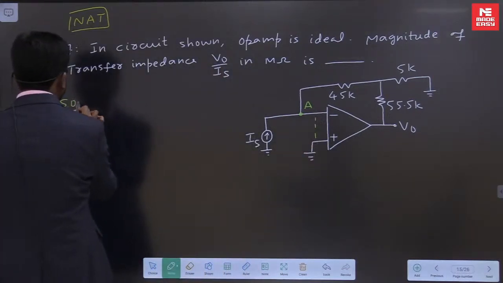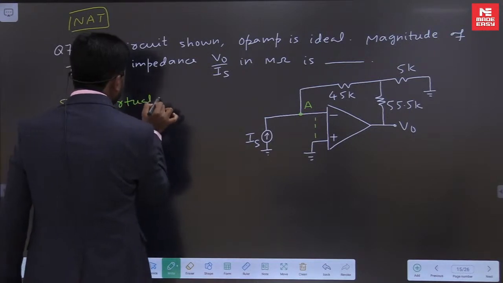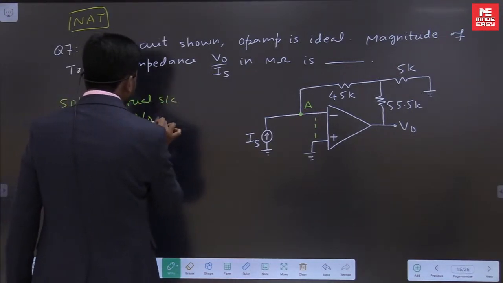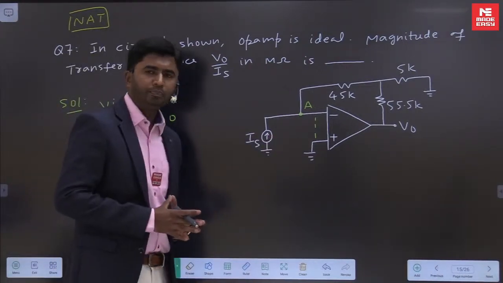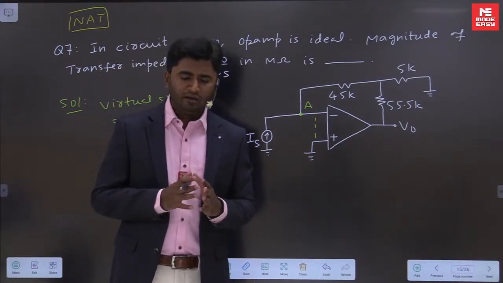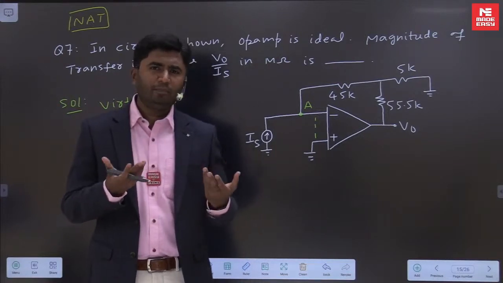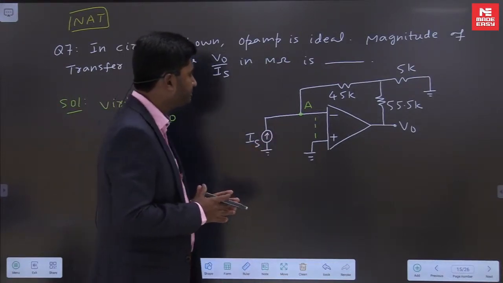If I apply virtual short circuit, then VA equal to 0. Node A is virtually grounded. Whenever we solve a question on a negative feedback op-amp circuit, we assume the op-amp in linear region and thereby we apply the virtual short circuit property. VA equal to 0.